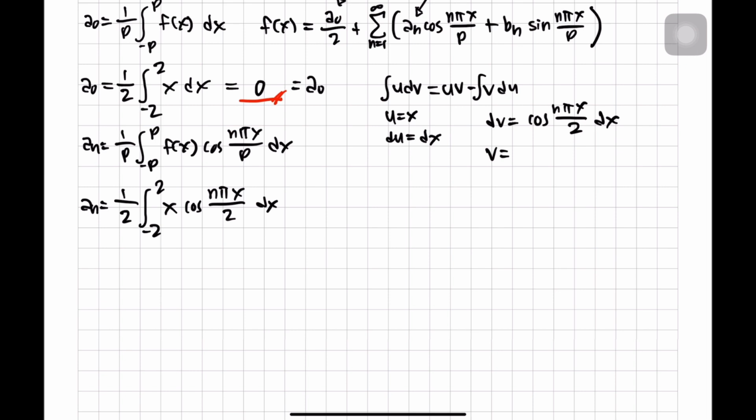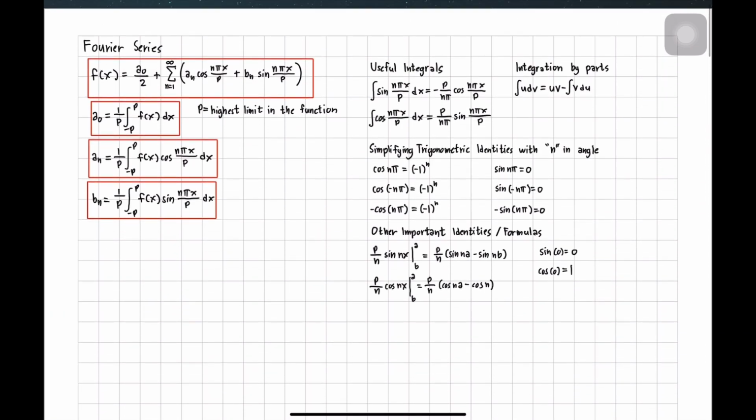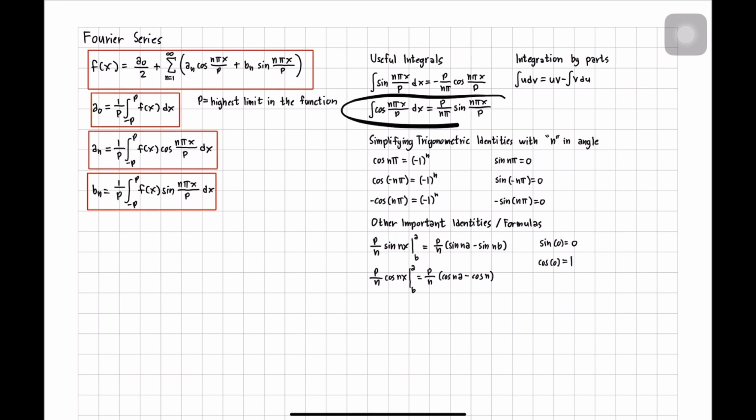In order to integrate this one, the integral of cosine is sine, and we just need to follow this formula so that everything will be easier. Since we have cosine, all you need to do is put the p on top, and the n and pi at the bottom, and multiply it by the integral of cosine, which is sine, and then exactly copy the angle, the inside of the cosine, into the sine.